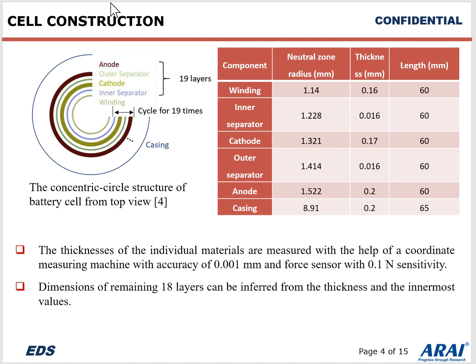As the thicknesses of these parts are very small, we measured them with the help of a coordinate measuring machine with an accuracy of 0.001 mm. Once we collected the dimensions of individual layers, the dimensions of the remaining 18 layers can be inferred from the thickness and the innermost values.